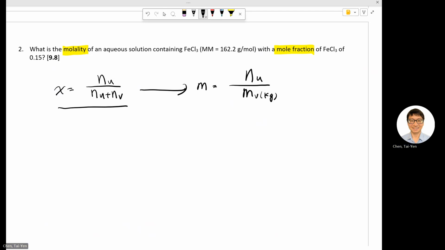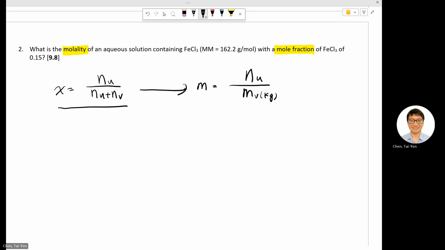Okay, we know your mole fraction is 0.15. So what assumption do you need to make when you start from a mole fraction? You make the number of mole of your solute plus the mole of your solvent equal to 1, right?